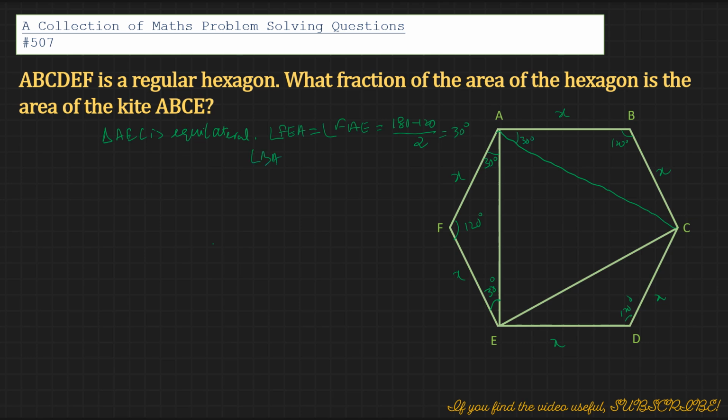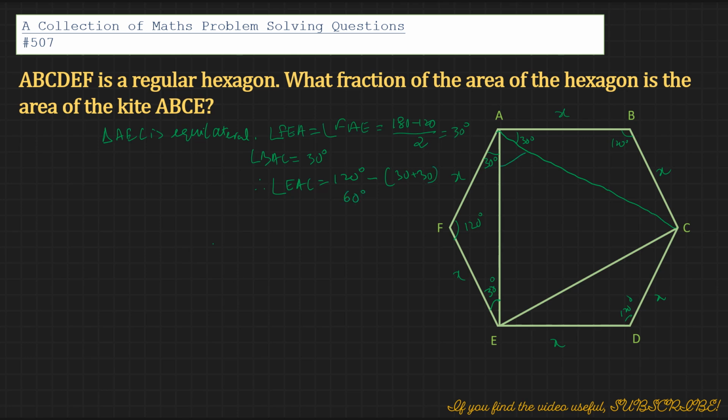Angle BAC equals 30 degrees, and therefore angle EAC equals 120 minus 30 minus 30, that is 60 degrees.